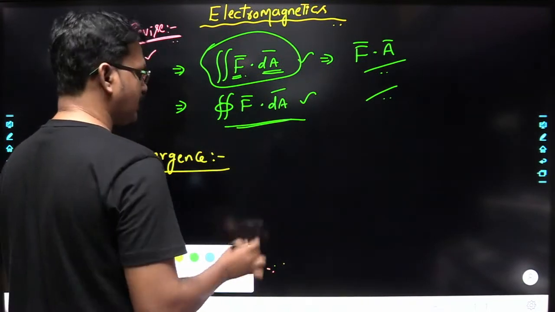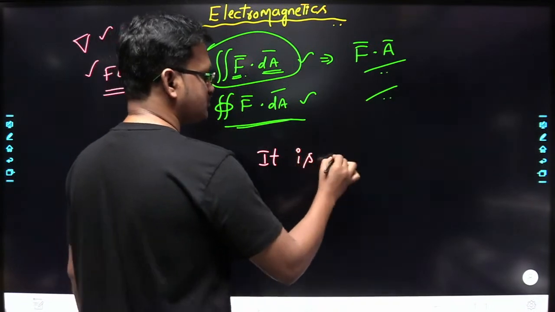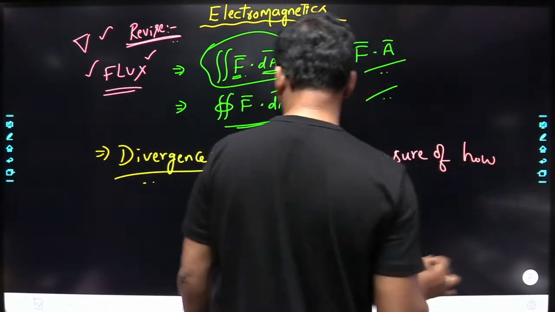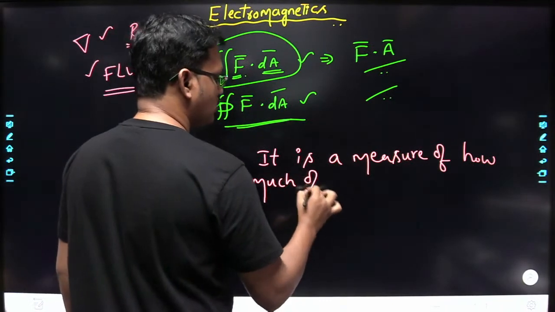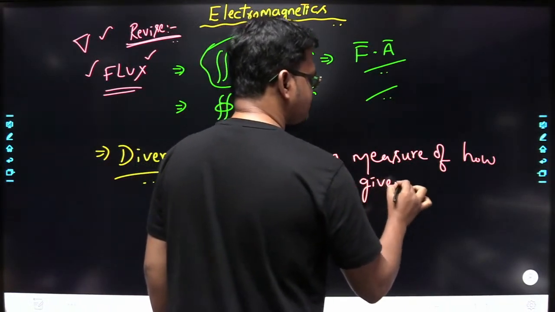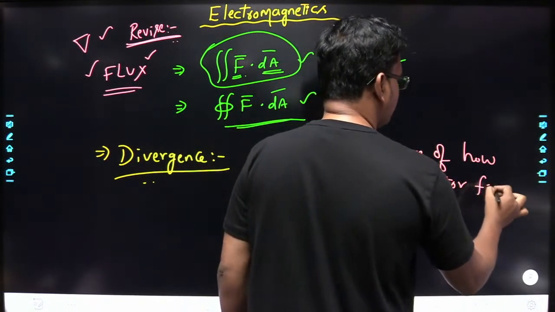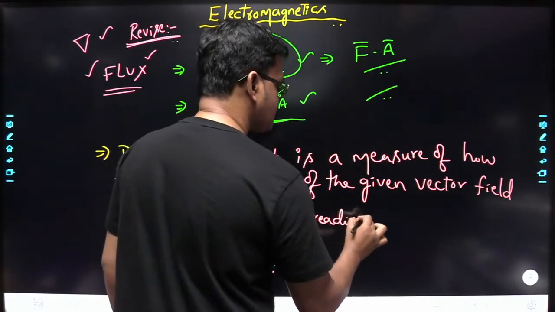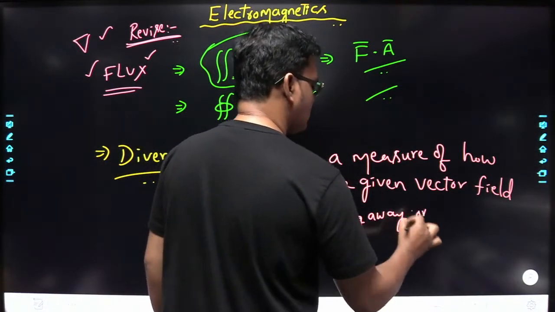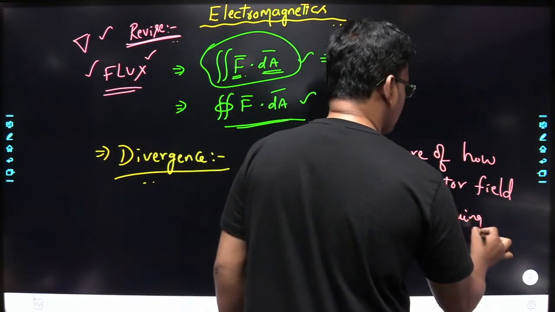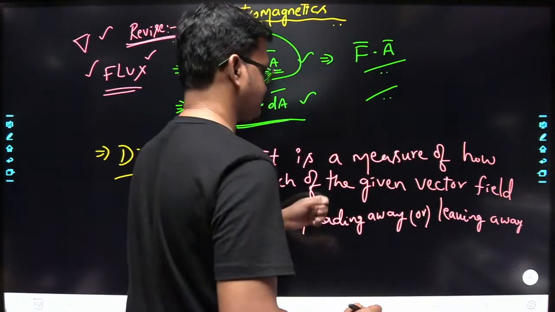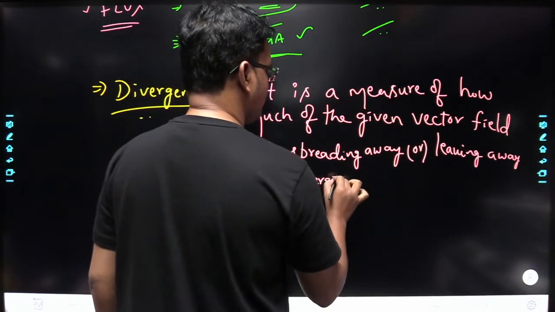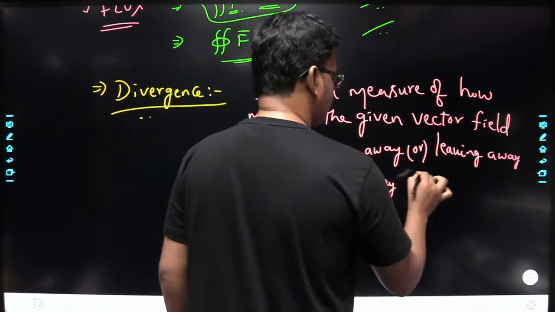It is a measure of how much of the given vector field is spreading away, leaving away, or diverging away from a given point.